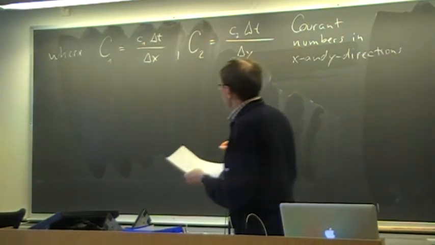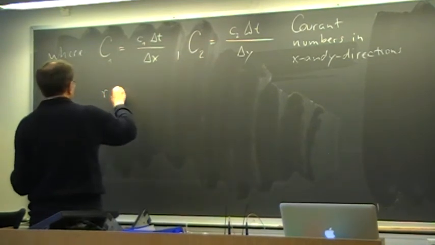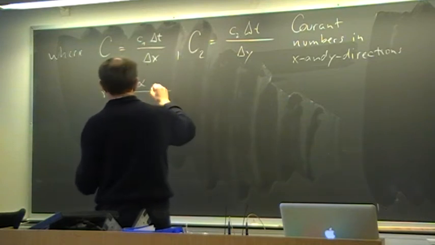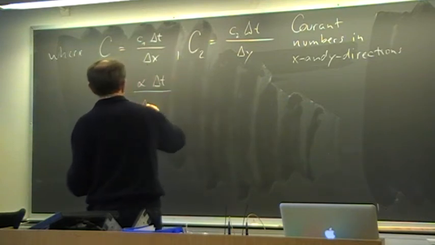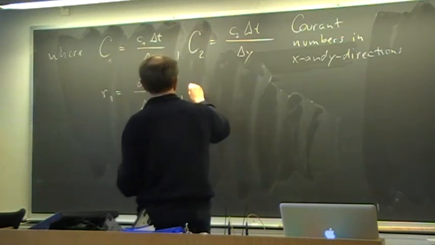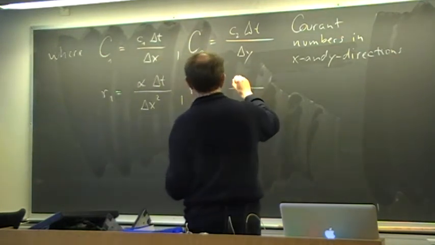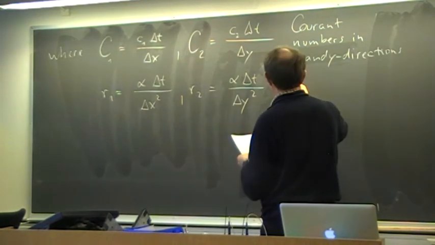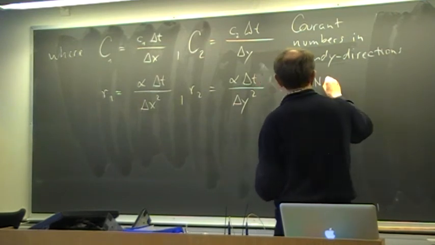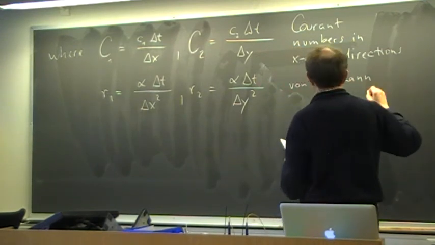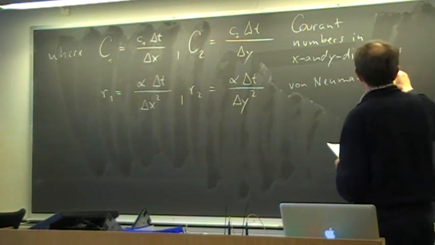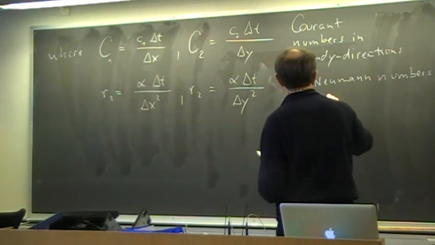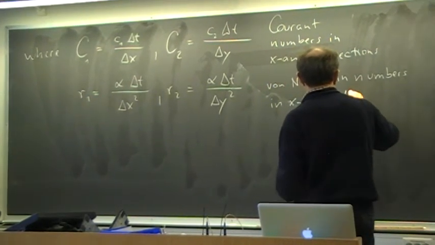Correspondingly, R1 and R2 are the diffusion coefficient alpha and time step divided by delta x squared. R2 is then alpha delta t divided by delta y squared. Those are stability parameters, sometimes called von Neumann numbers in x and y directions.